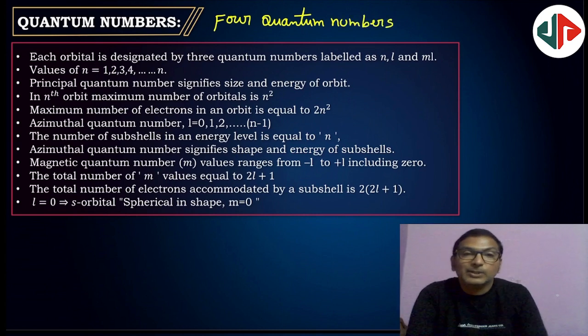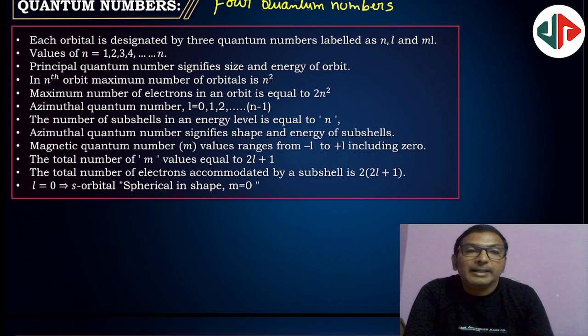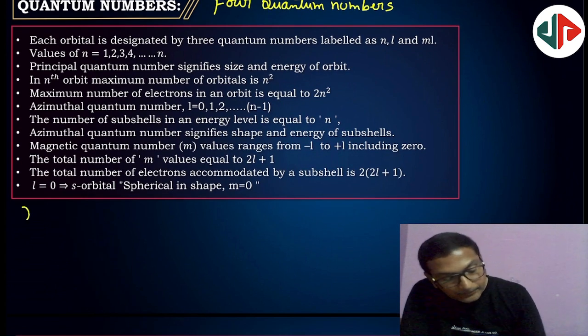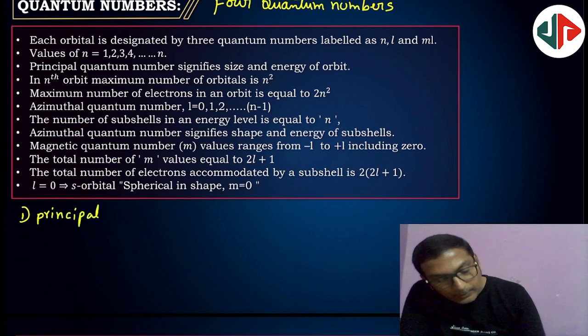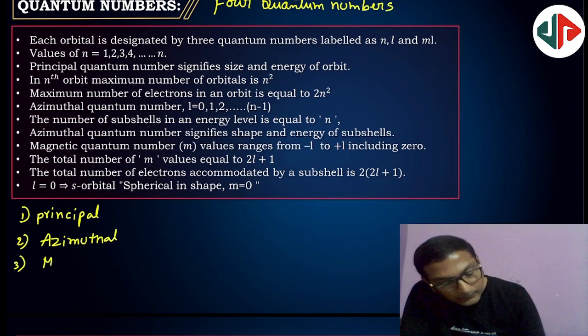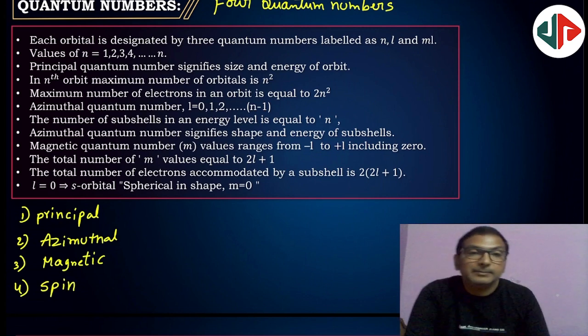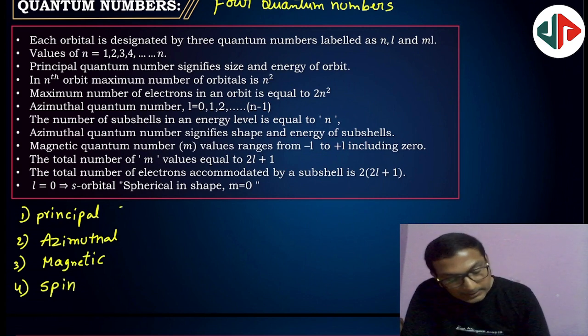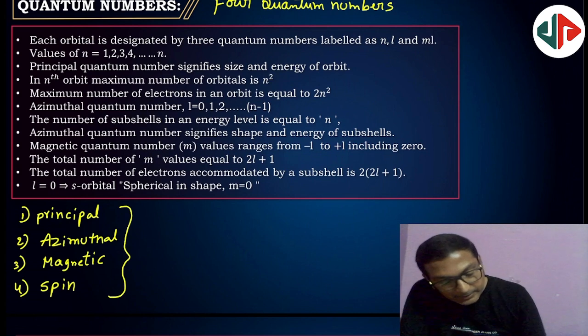They are principal quantum number, azimuthal quantum number, magnetic quantum number, and spin quantum number. So these quantum numbers are just the address for an electron.